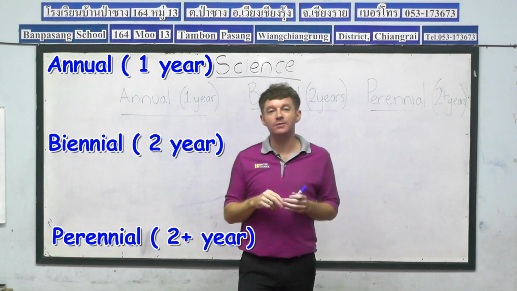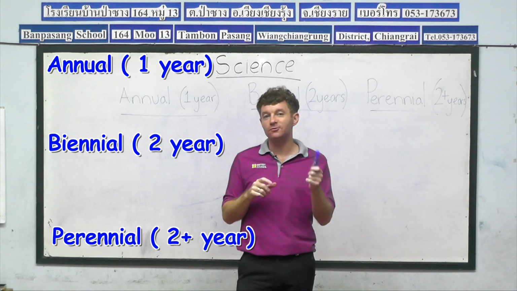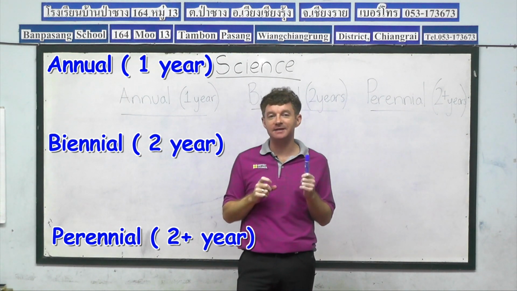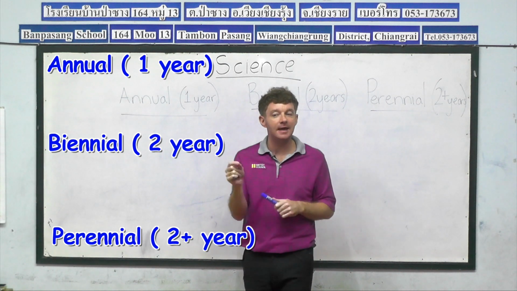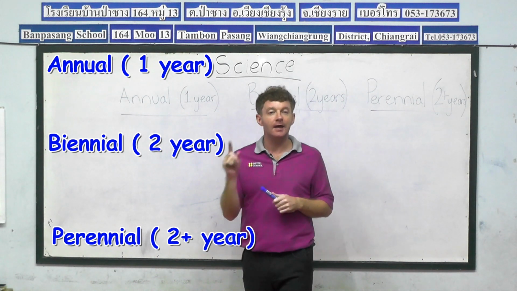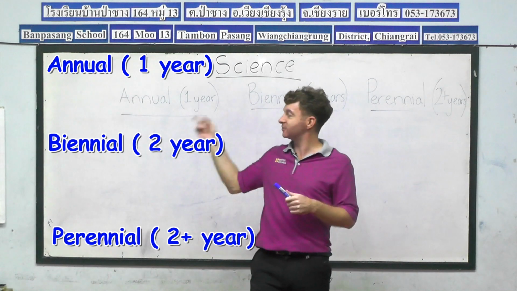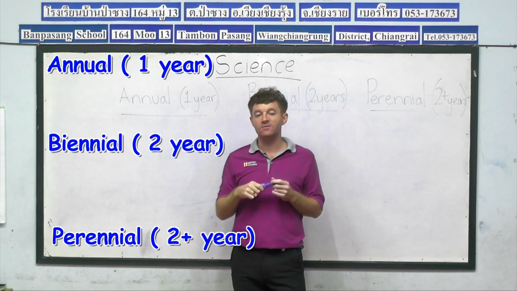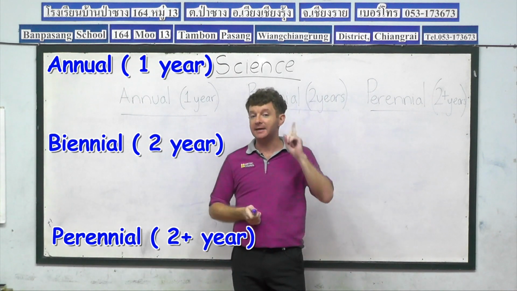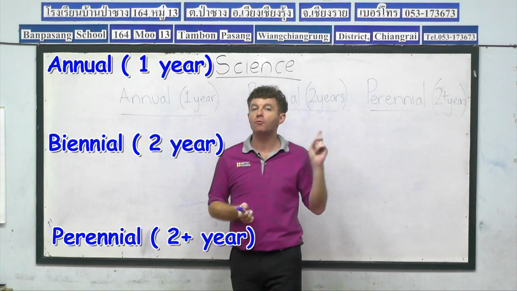What we're going to do now is we're going to see how well our students remember from the previous lesson. I'm going to give you the name of some plants and see if you can remember which group each of the plants go into. Annual, biennial, or perennial.